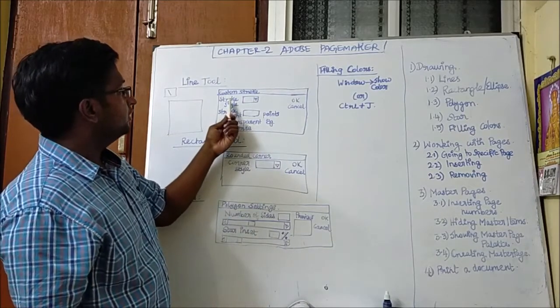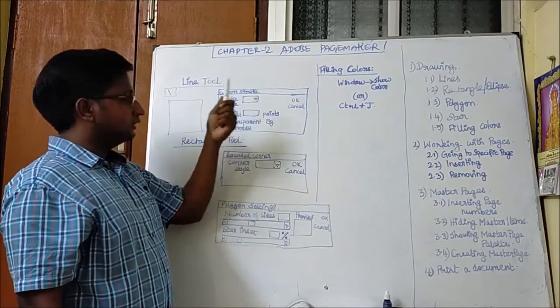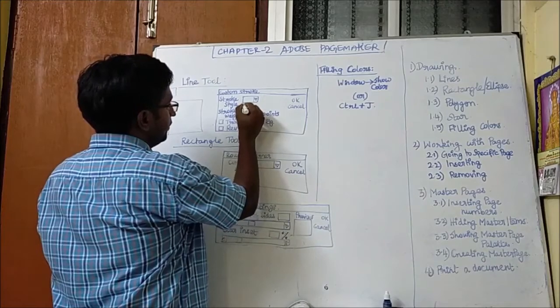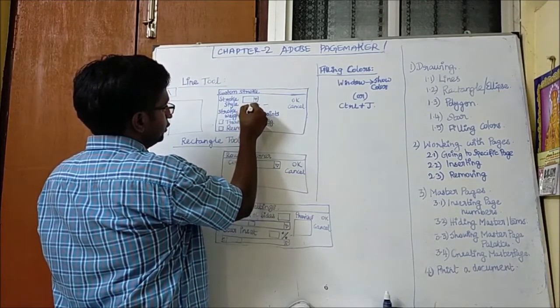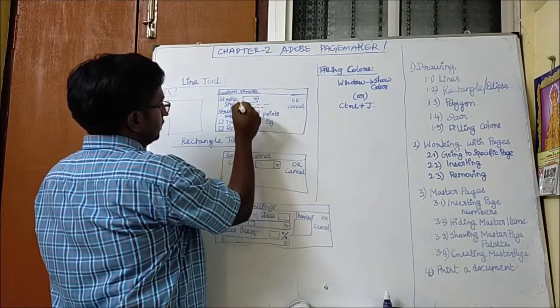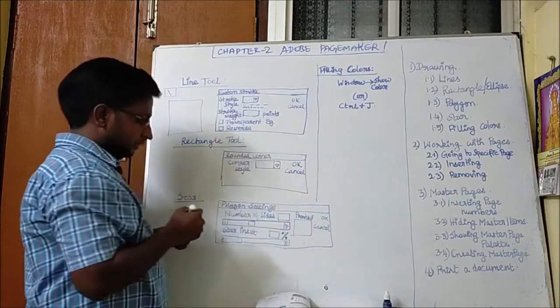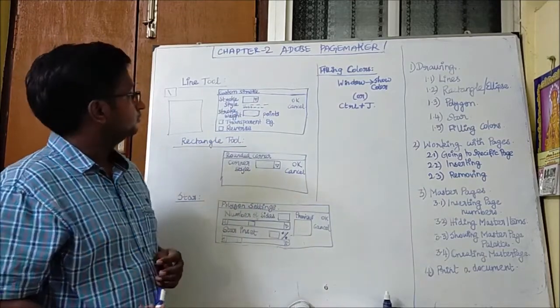In that you will have the stroke style. You can click the drop down list box and select various styles, like long dotted lines, short dotted lines, short dashed lines or dotted lines.